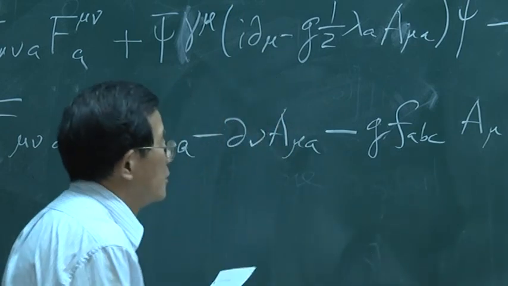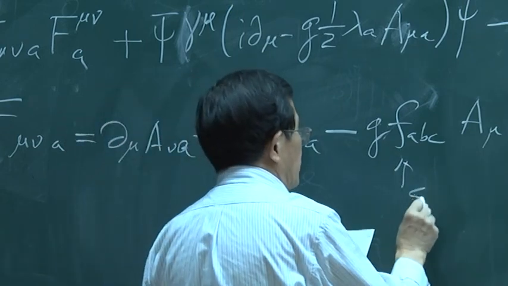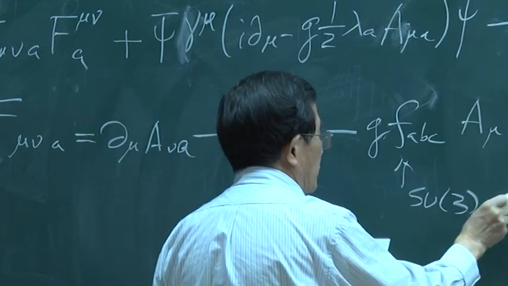Okay? So this f^ABC is for the SU(3) structure constant.